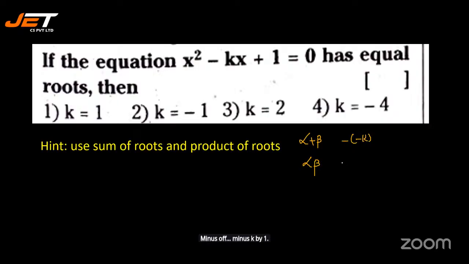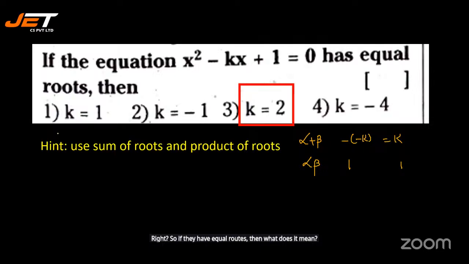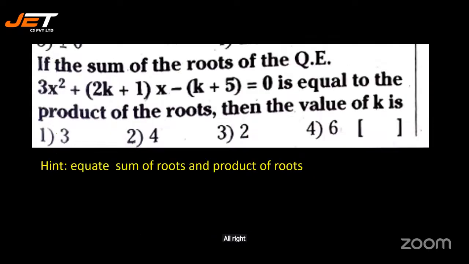By 1 is same. Product is 1. Alright. So this is k and this is 1. Right. So if they have equal roots, then what does it mean? Then it is k is equal to 2. That is alpha, where you have k which is equal to 1 and here also 1. So it is 2. Alright. Yes. See the next question.